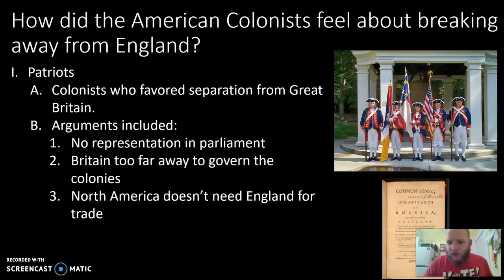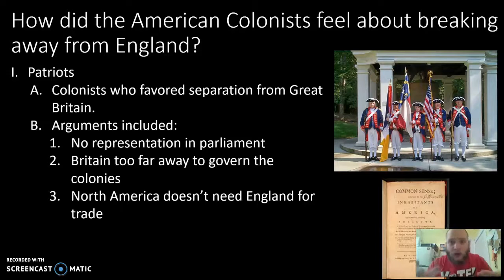Not that you need to know their arguments specifically, but some of the things that they may say. One, they didn't have representation in Parliament. Sorry, that should be a capital P there. I just noticed that now. They're also going to say, hey, Britain was too far away to govern the colonies. I know I mentioned this in a couple of classes, but there was an entire Atlantic Ocean dividing the American colonies from England.